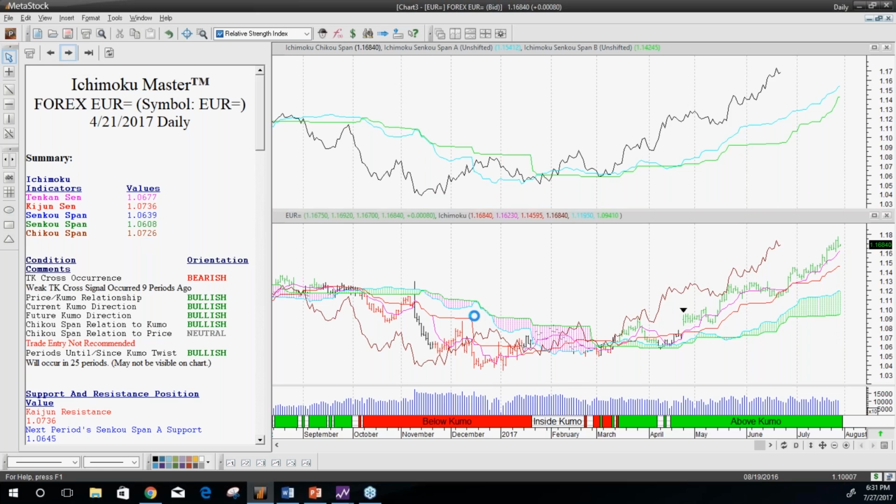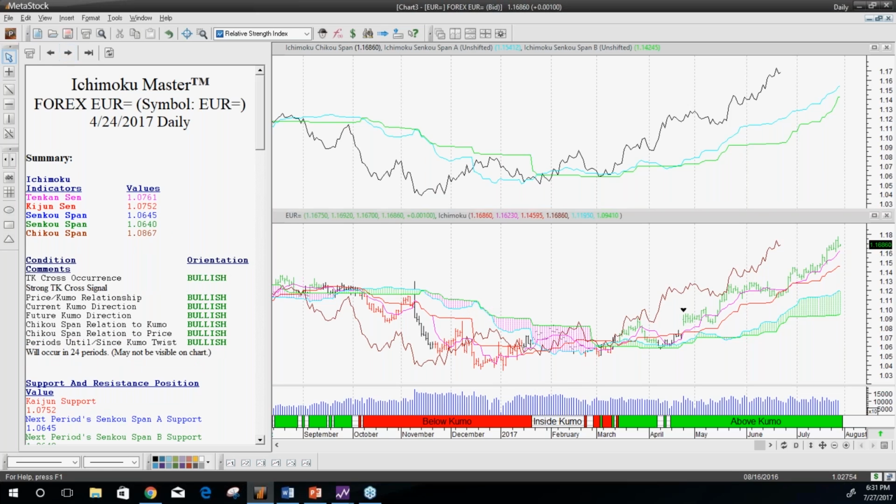If we go to the next position, however, it goes ahead and recalculates and sees now we've actually got a strong TK cross signal. I should let you know that the way it's viewed is that if you're a bearish TK cross and you happen below the Kumo, that's considered a weak signal. If you're a bullish TK cross in the Kumo, it's a neutral.